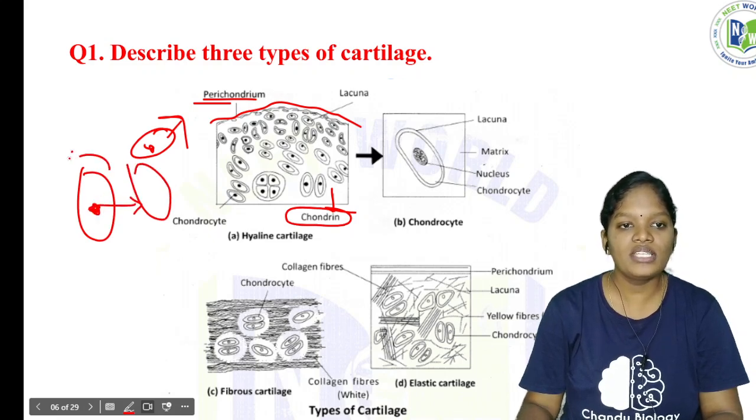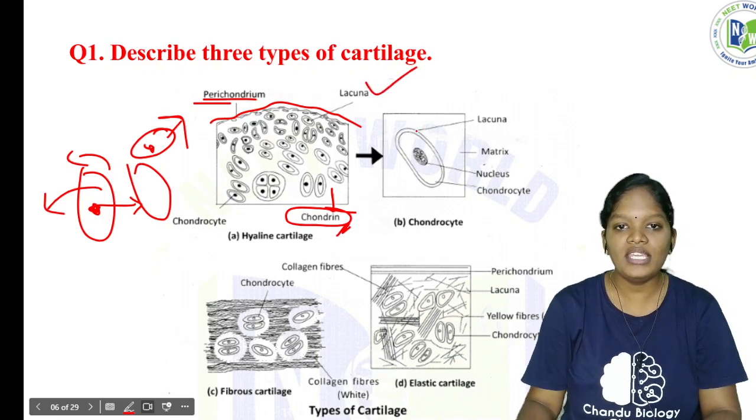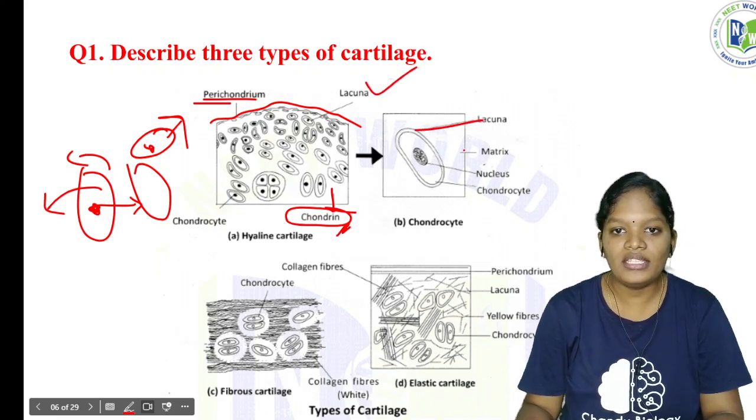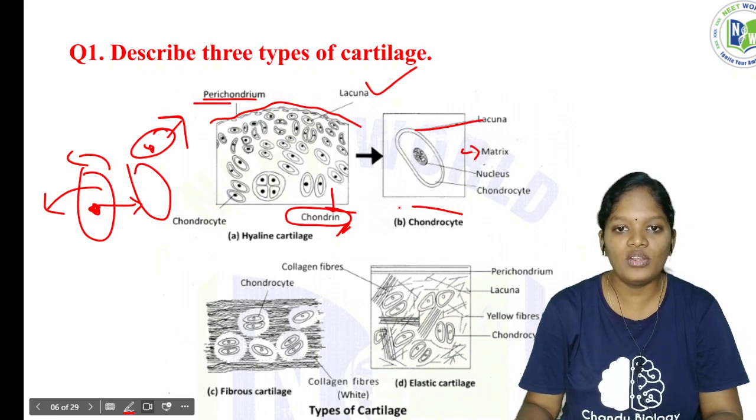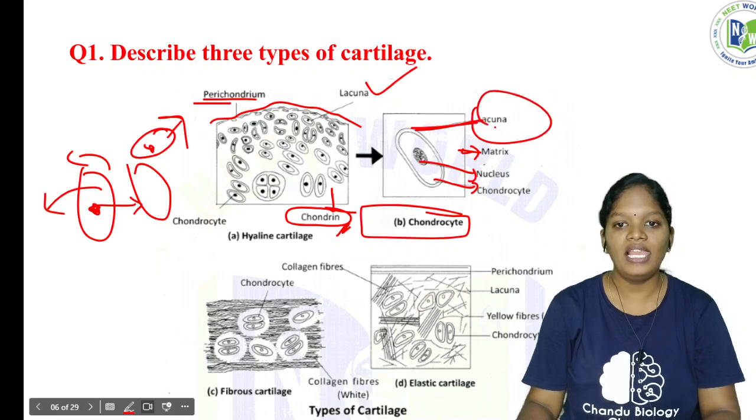Between the chondrocytes we can see the space that is called the chondron. Inside the cell we have the space that is called the lacunae. This is the lacunae and this is the matrix. Taking one chondrocyte, the nucleus is present in the chondrocyte, and this is the matrix, and the space is called the lacunae.